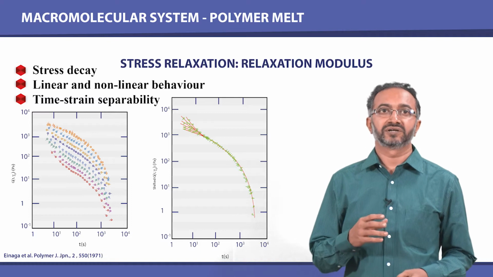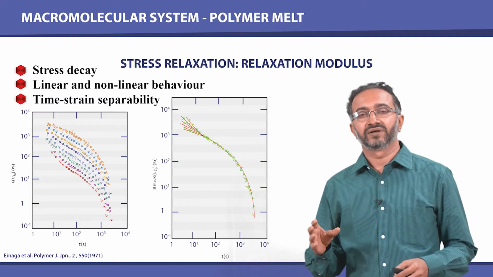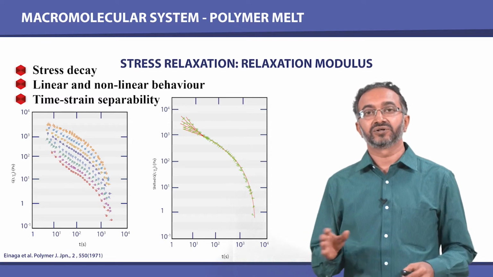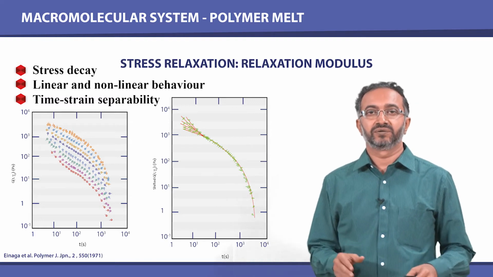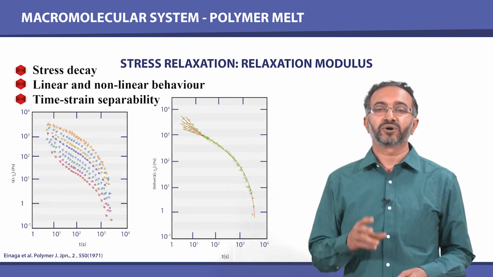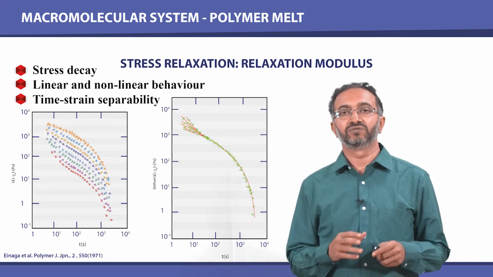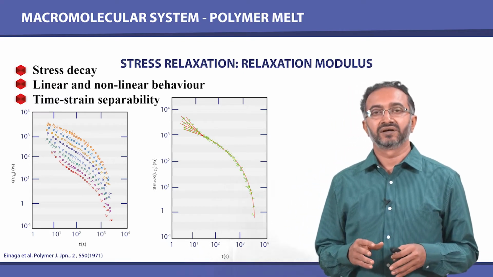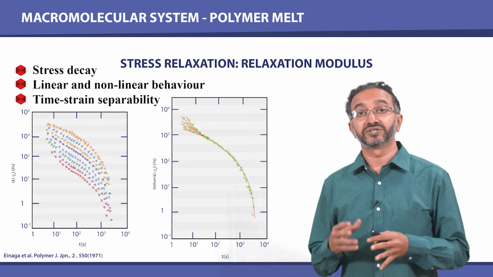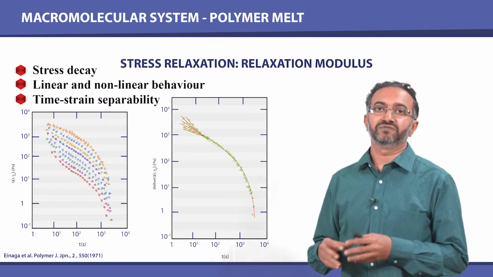We also saw the relaxation modulus and the fact that one can recognize the onset of nonlinear response based on testing at different strains, and very importantly the concept of time strain separability, the fact that the overall stress relaxation modulus is a composite function in the sense that it is a function of time multiplied with a function of strain alone.